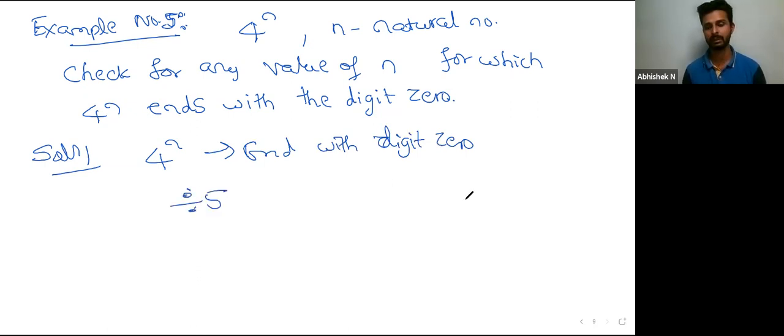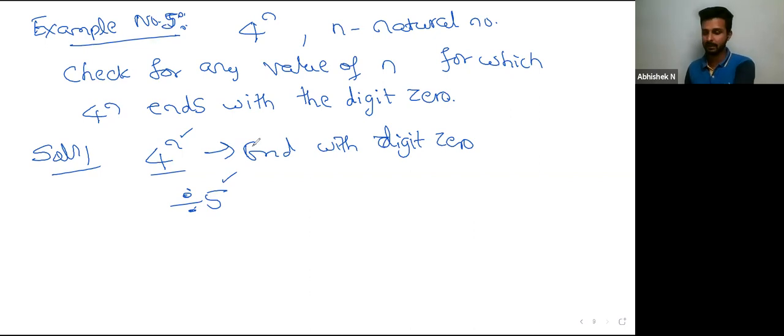For example, 10 or 100, or 200. All these numbers are divisible by 5, right? So if 4 to the power n, where n is a natural number, were to end with digit 0, it would be divisible by the prime number 5, right?